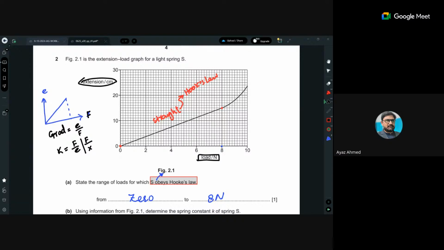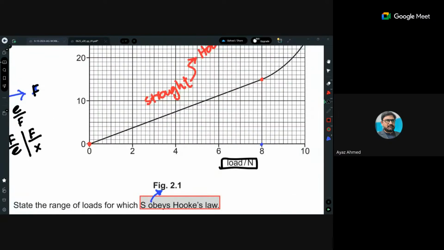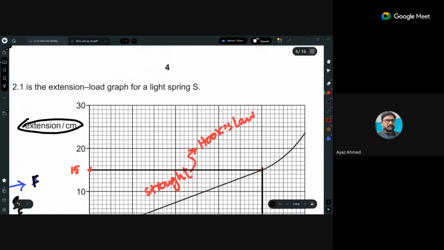There is an easy way for that. Just find the value of load anywhere, wherever you are convenient. At this point, we can find the value of load, and for that value of load, find the corresponding value of extension. So what is the corresponding value of extension? That is 10, 11, 12, 13, 14, 15. So it is 15, and you have to see the unit also, so it is 15 centimeter.